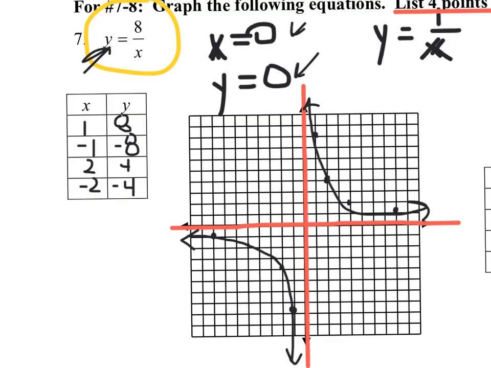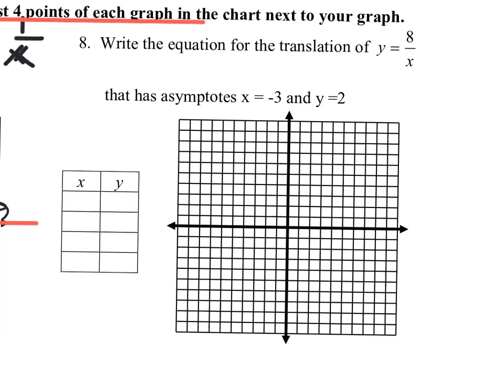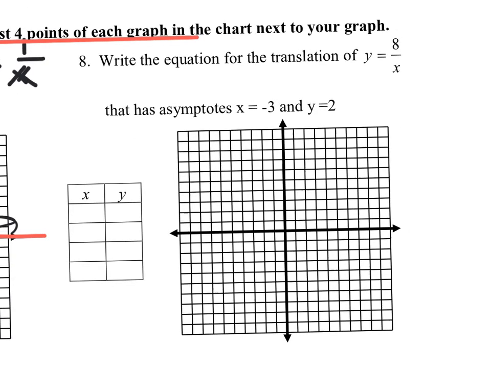Okay, second one: write the equation for this graph after you have a translation and it has asymptotes of x equals -3 and y equals 2. So you're taking this function and shifting it so that it has x equals -3.